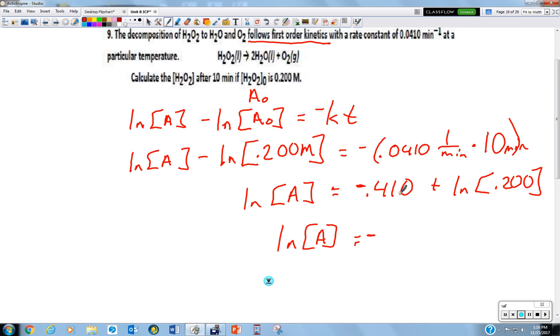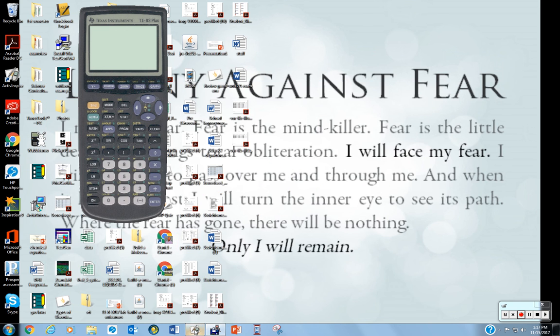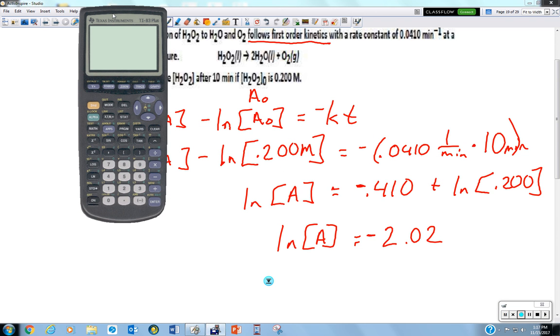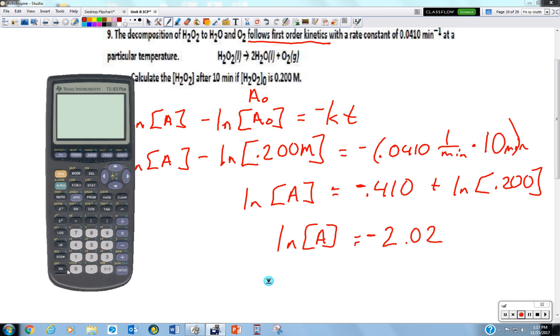You can do it that way. The number I got, and see if you got it: did anybody get negative 2.02? I did negative 0.410 plus ln 0.2.